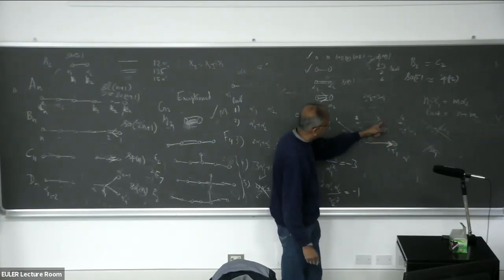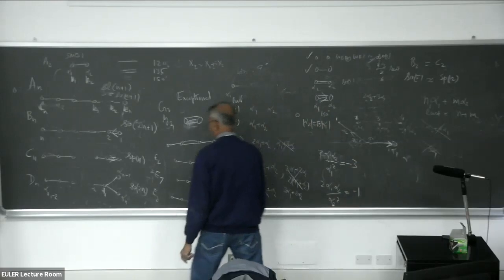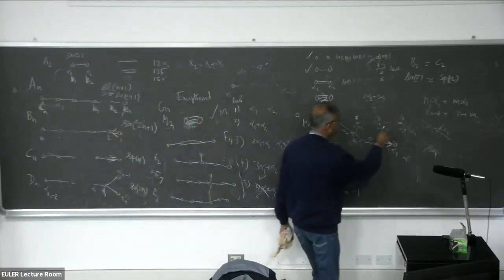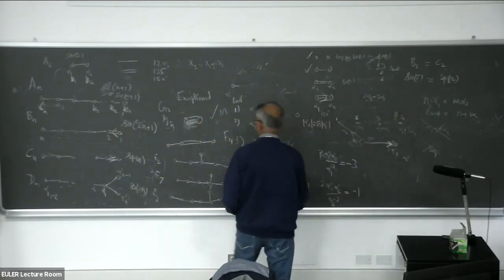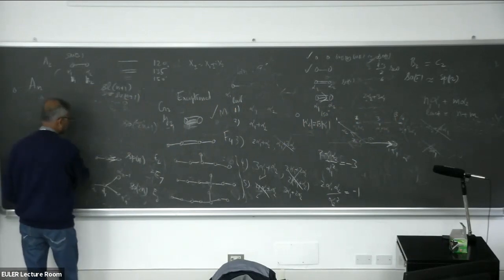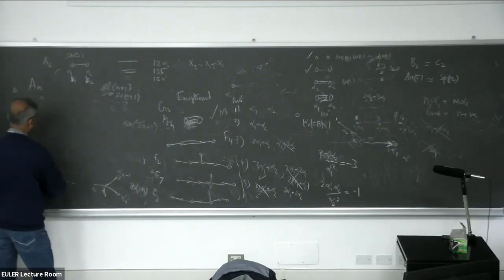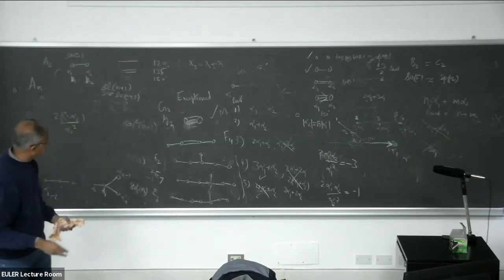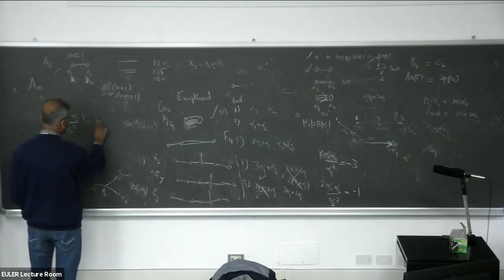Call this guy beta. We want to look at the alpha 2 string starting from beta. So we just want to compute 2 beta dot alpha 2 divided by alpha 2 square, because this is going to give me the corresponding p minus q.